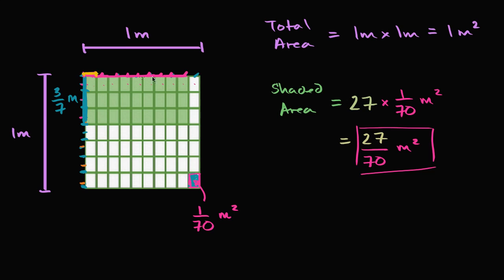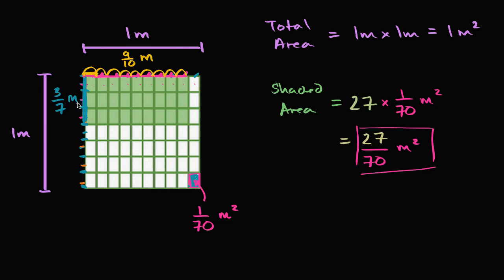And so how many tenths represent the width of the green area? Let's see. We have 1 tenth, 2 tenths, 3 tenths, 4, 5, 6, 7, 8, 9 tenths. So this width is 9 tenths of this whole length, which is a meter. So it's 9 tenths of a meter.